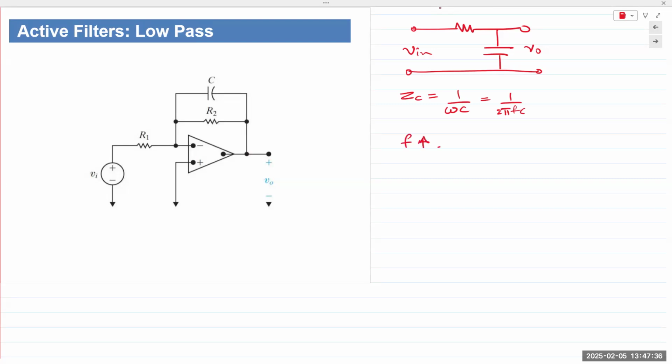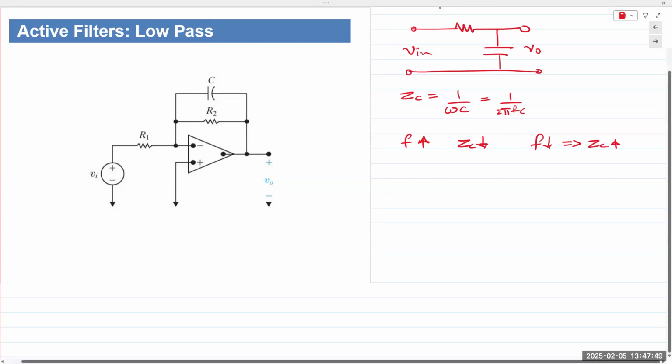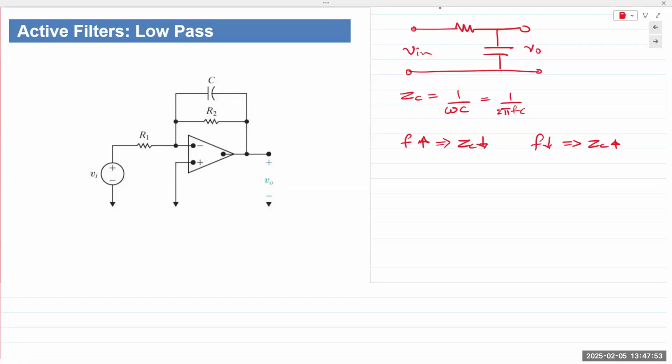If F increases, ZC decreases. If F decreases, then ZC increases. At high frequencies, the capacitor appears as a short circuit. At low frequencies, the capacitor appears as an open circuit.